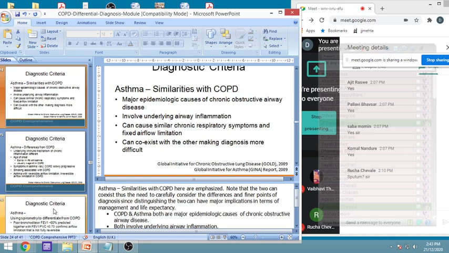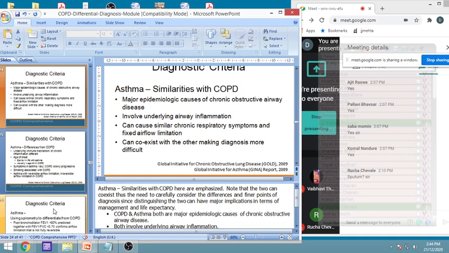That is the reason behind this. It can cause similar chronic respiratory symptoms and fixed airflow limitation. So the symptoms are chronic, lasting long, almost a lifetime in the patient, and they have limitation of airflow, so that limitation remains there.